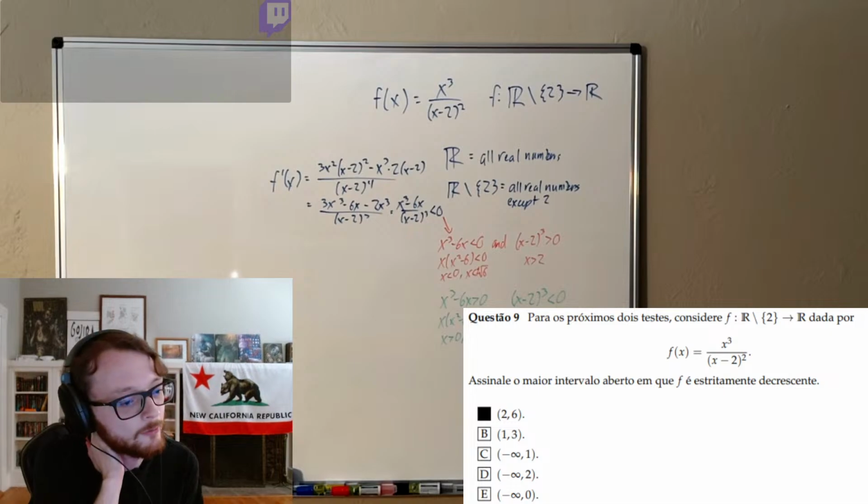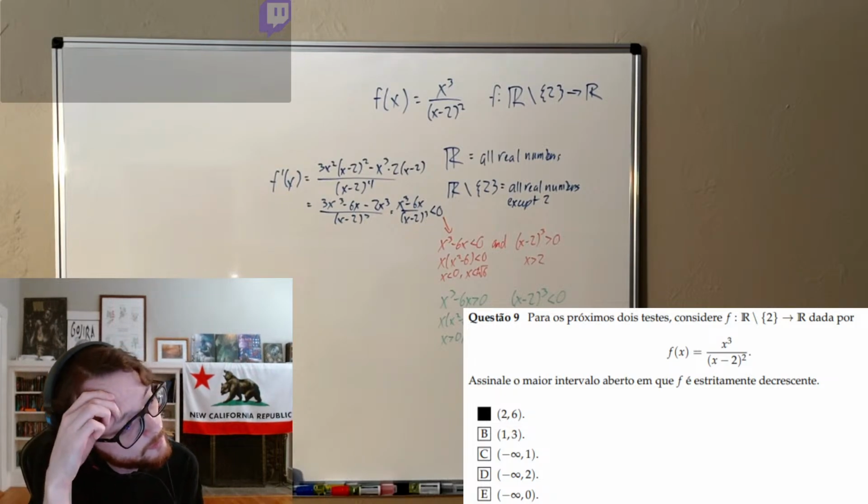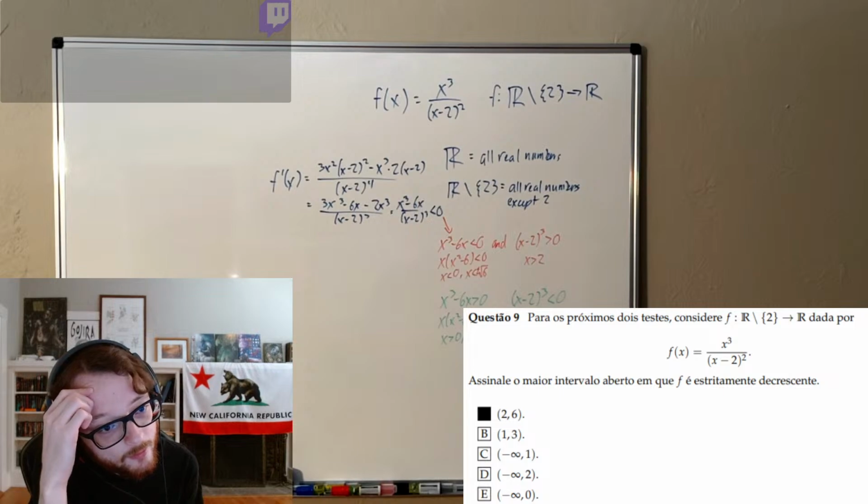I might be missing something, or I certainly am missing something, but I don't see how you get x squared minus 6x. Let me see what Bombax is saying.